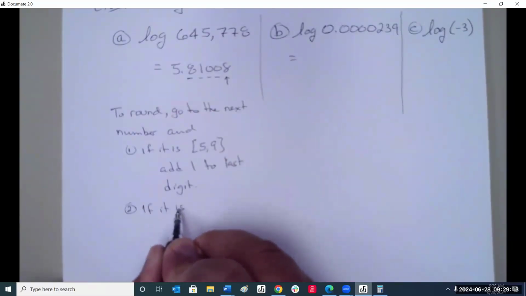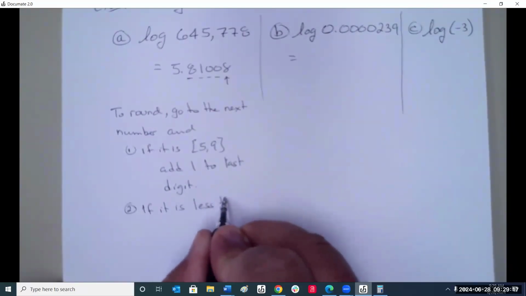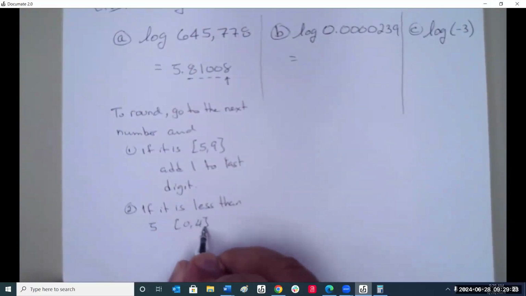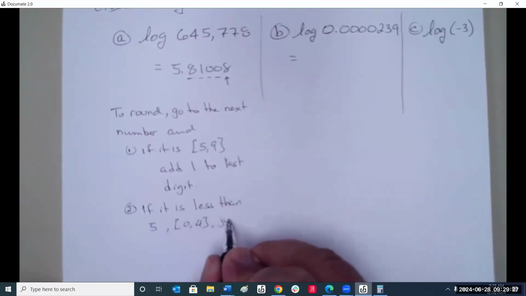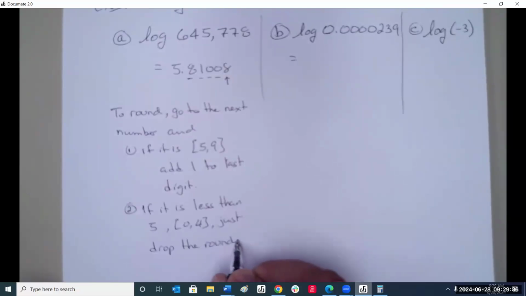If it is less than 5, so if it's 0 to 4, then just drop the rounding number.